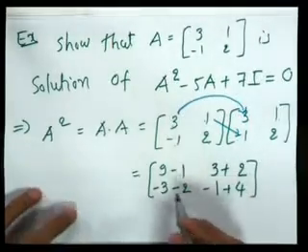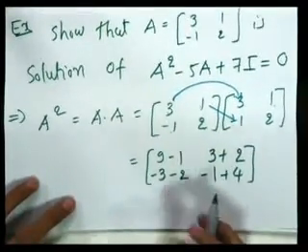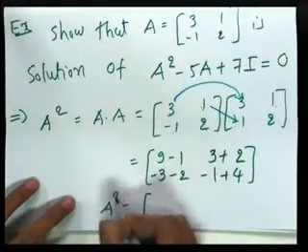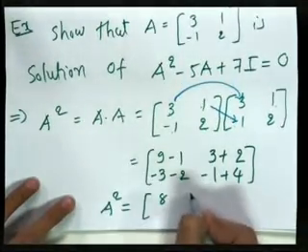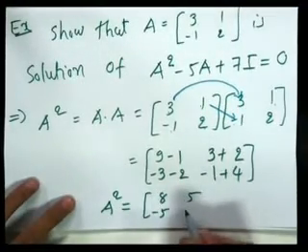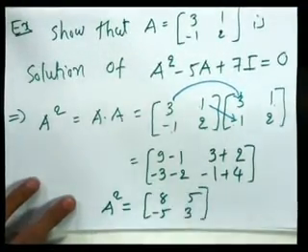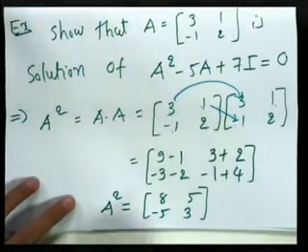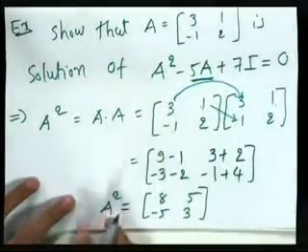So after all, we will get the multiplication of A into A, which is A square, equal to 8, 5, minus 5 and 3. This is our A square.